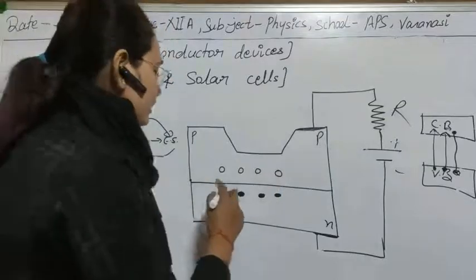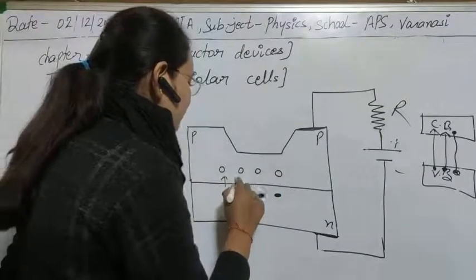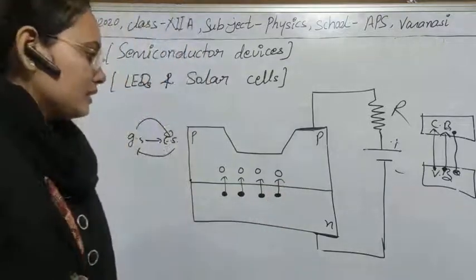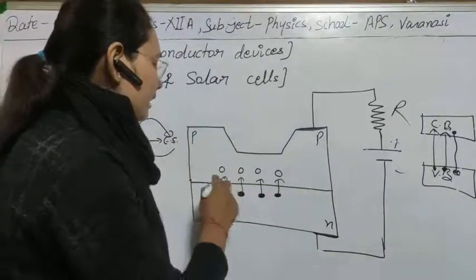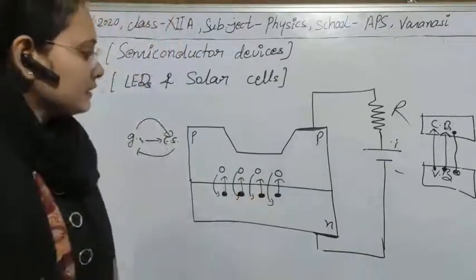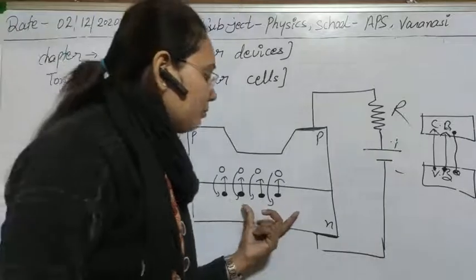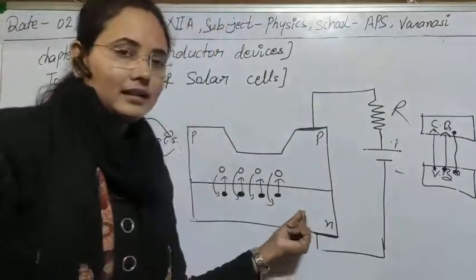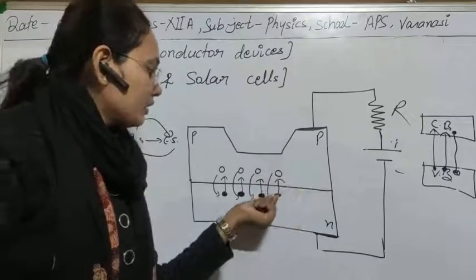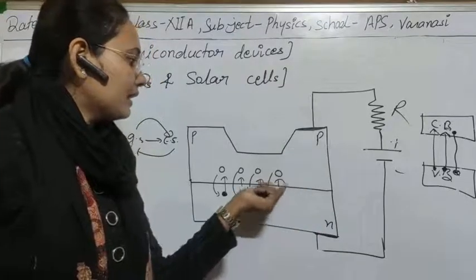So the electrons travel toward the p side, cross the junction, and the holes travel in the other direction. In this case the number of minority carriers, holes in the n type and electrons in the p type, increases.